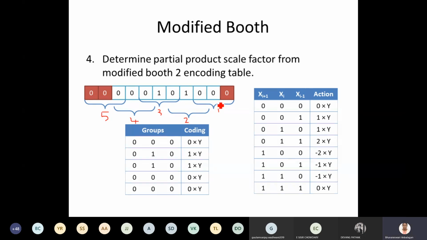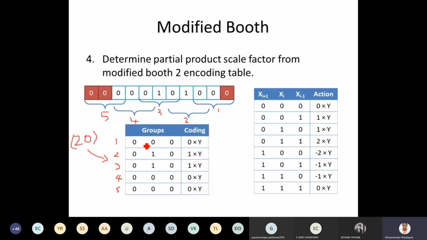What is the first group? 0, 0, 0. What is the second group? 0, 1, 0. What is the third group? 0, 1, 0. What is the fourth group? 0, 0, 0. What is the fifth group? 0, 0, 0. So this is what I have obtained for 20. I have got the bit pair recoding table groups here.